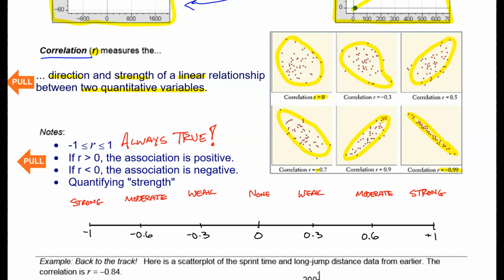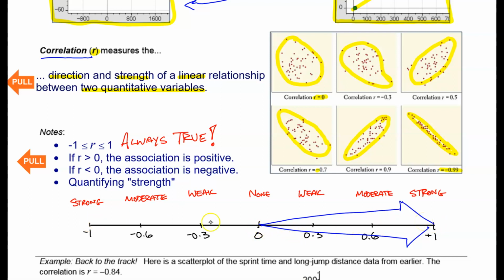All right, so now I'm going to try to give us some idea here. This is the best I can do artistically. As we go this way, this is a sliding scale for strength, right? It's not that anything that's exactly 0.3 we call weak, and then you have to be exactly 0.6 to be called moderate. It's a variable scale. So the closer you are to positive 1, the stronger you are.